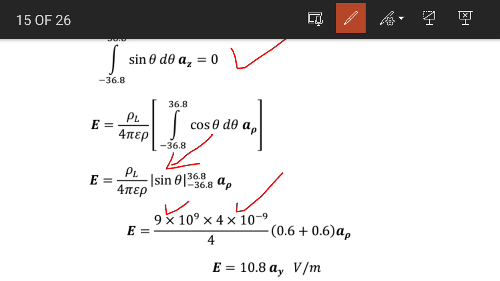We put the values in the sine theta. We have 0.6 plus 0.6, and then rho is 4 over here. So if we simplify this particular equation, the electric field intensity comes out to be 10.8 arrow volt per meter. And you see arrow is along y-axis, so this is why arrow is AY.